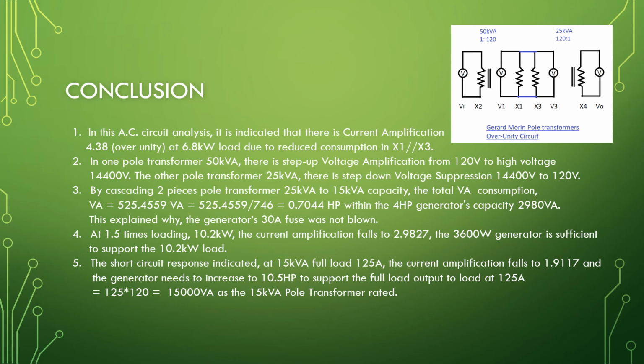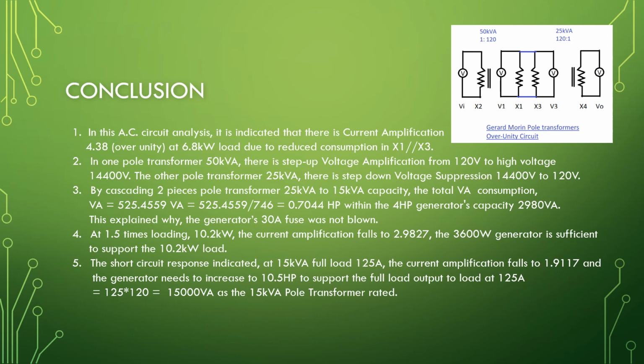At 1.5 times loading, 10.2 kilowatt, the current amplification falls to 2.9827. The 3,600 watt generator is sufficient to support the 10.2 kilowatt load.